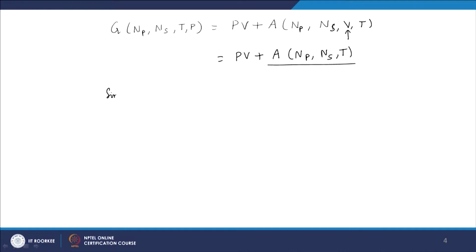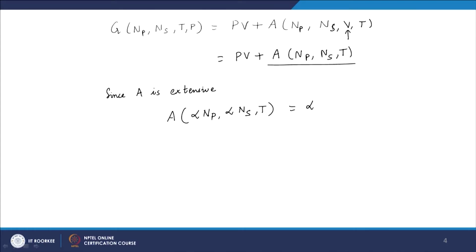So, what it means is, since A is extensive, if I take alpha times the number of molecules of both solute and solvent, I should get an energy that is alpha times the case that we started with.